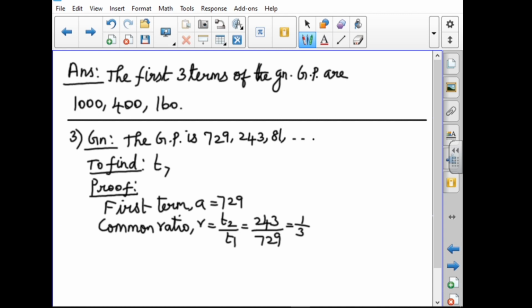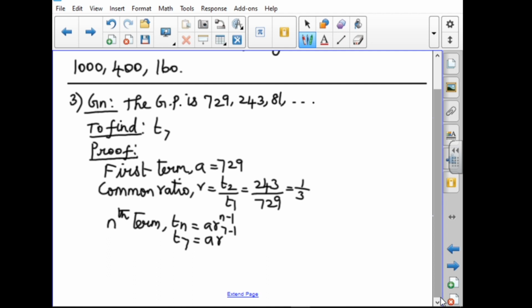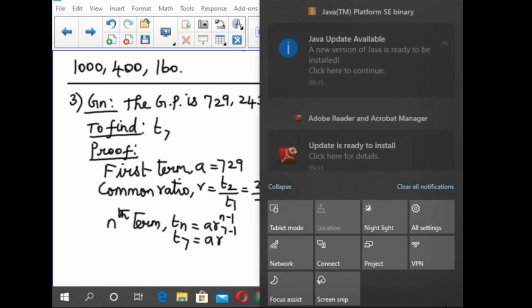Now you have to find the seventh term. So write the general formula. Nth term denoted by Tn is given by A r power n minus 1. So T7 equals A r power 7 minus 1, that is equal to A r power 6.